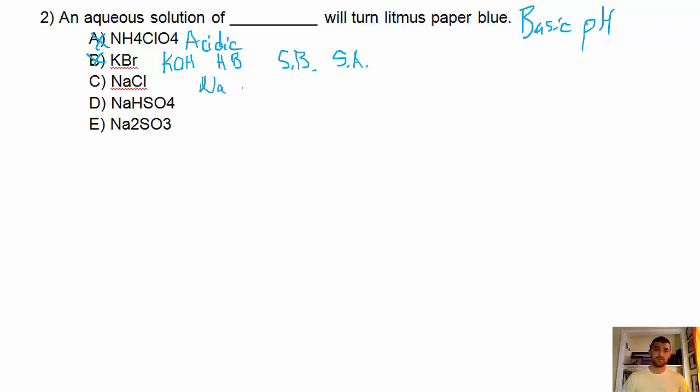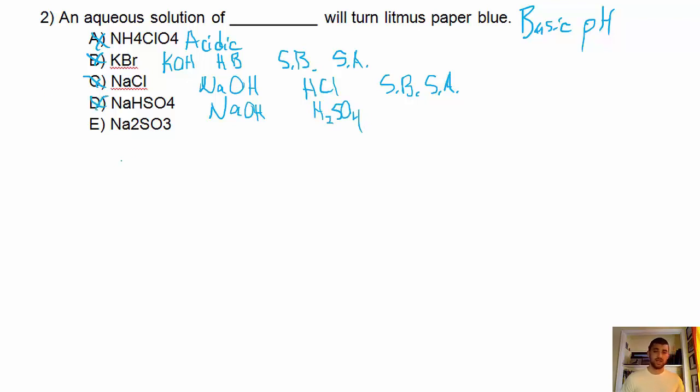NaCl is going to break up. We're going to have a chance for NaOH and a chance for HCl, which are both a strong base and a strong acid, so it's going to remain neutral. NaHSO4, well, we're going to get NaOH, a strong base, and the possibility to get H2SO4, which is a strong acid, so that's going to stay neutral.